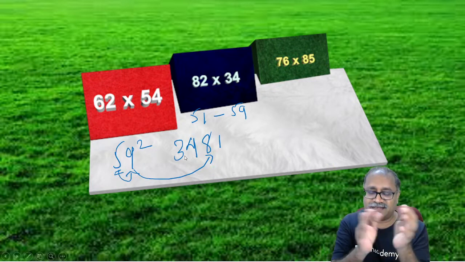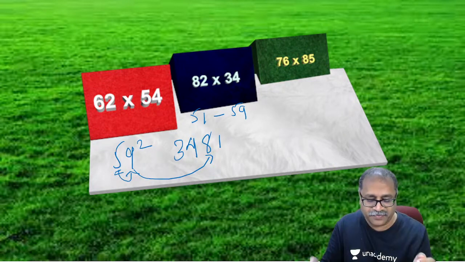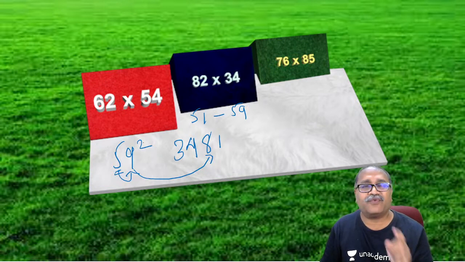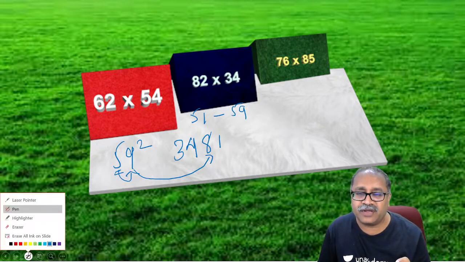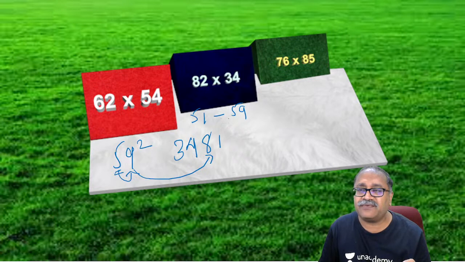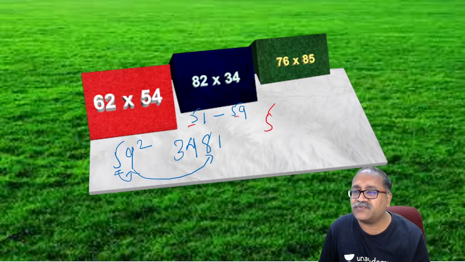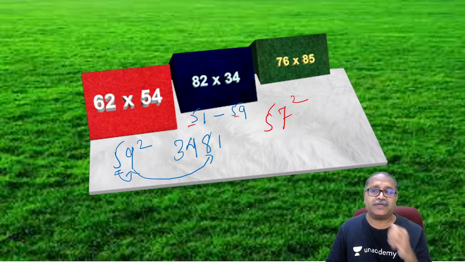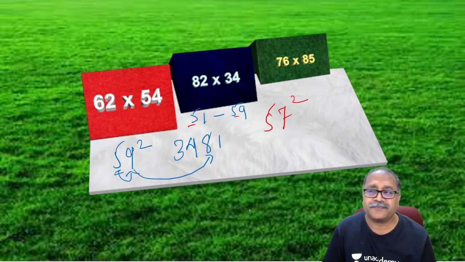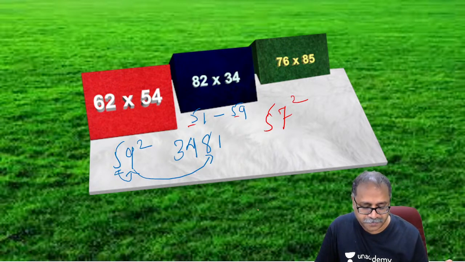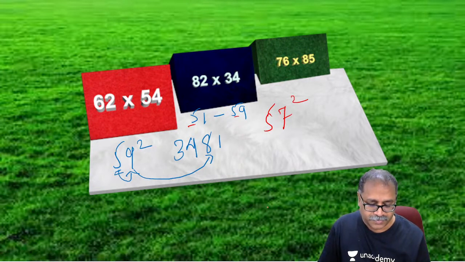Yes, that's right. Beautiful. If I ask you one more number, this is applied to all the numbers when the tens digit is 5, 51 to 59. So please tell me, what is 57 square?